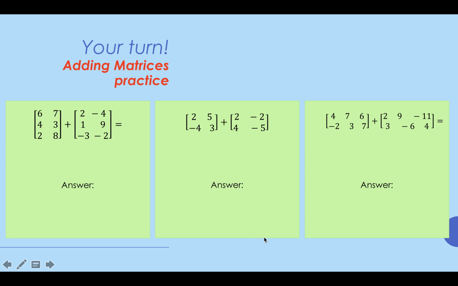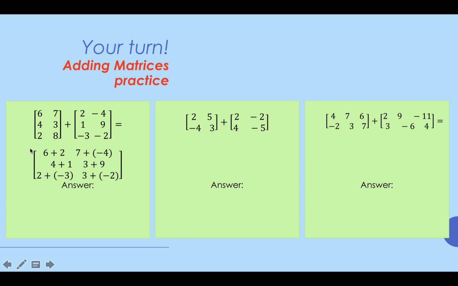We have a matrix C of 6, 7, 4, 3, 2, 8, 2 plus 4, 1, 9, -3, -2. We know our steps, even though they're not here. We're going to plug it into A plus B form, which is 6 plus 2, 7 plus a -4, 4 plus 1, 3 plus 9, 2 plus a -3, 3 plus a -2.